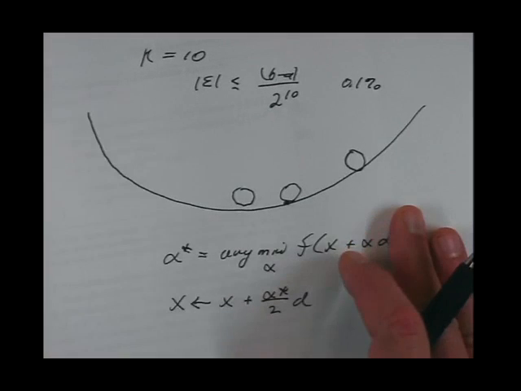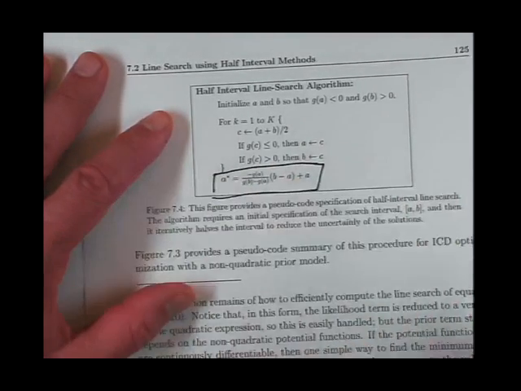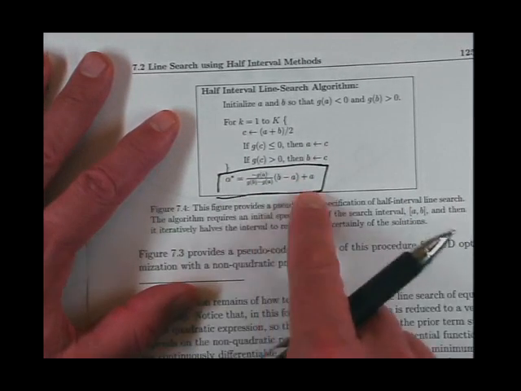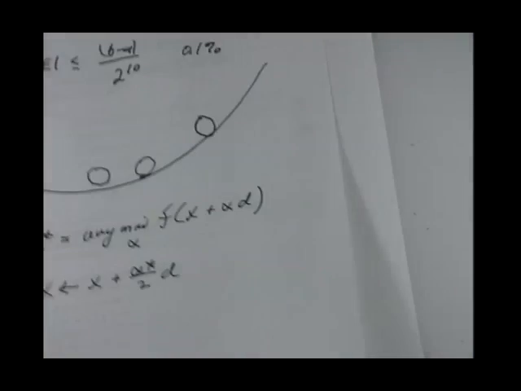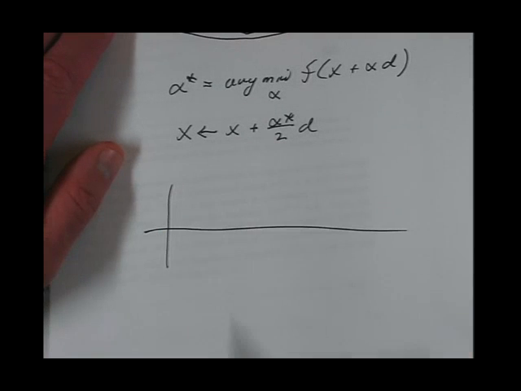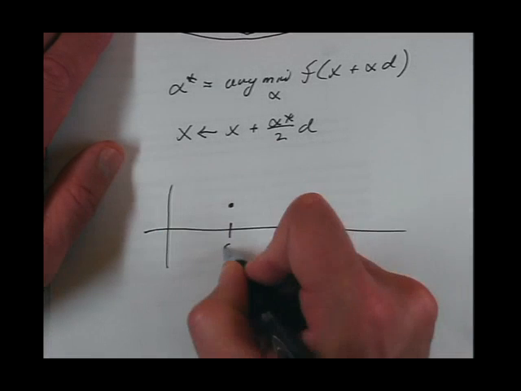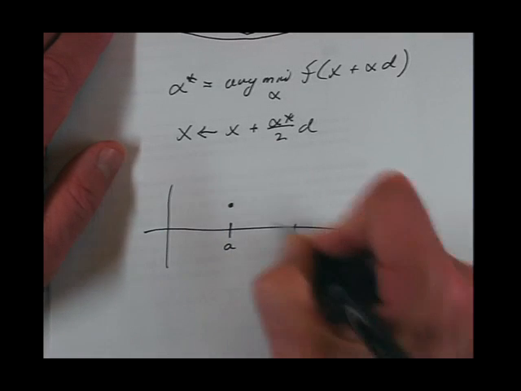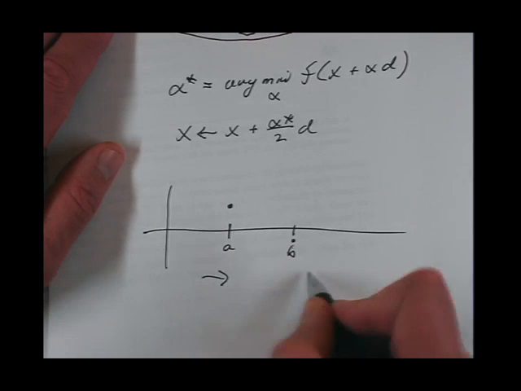Okay, so how do you avoid that? The way you avoid that is that the last thing you do is you take your final two points and you do a linear interpolation between them. So when you're doing this line search and solving this, you get down to the point where you have two points, this point A and that point B, and let's say this distance here is very small.